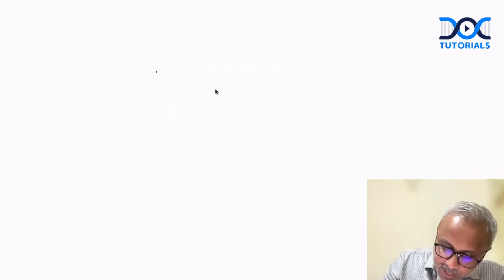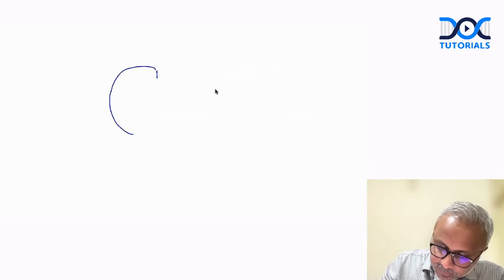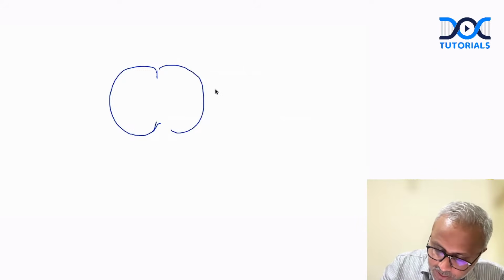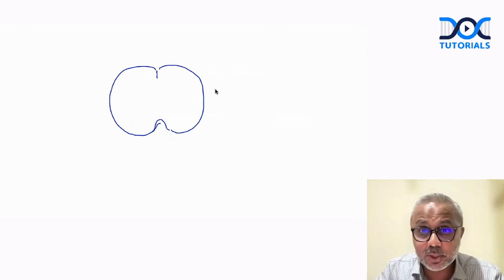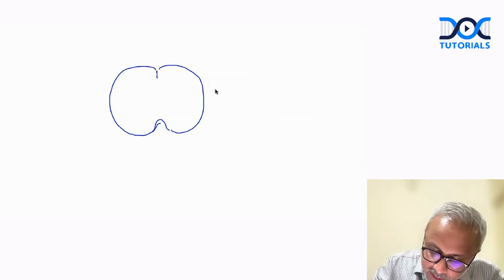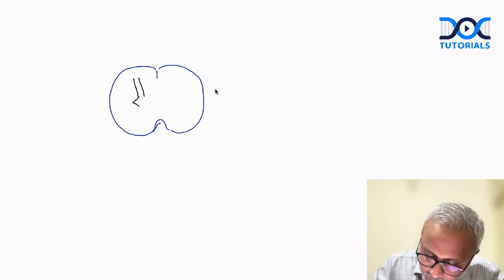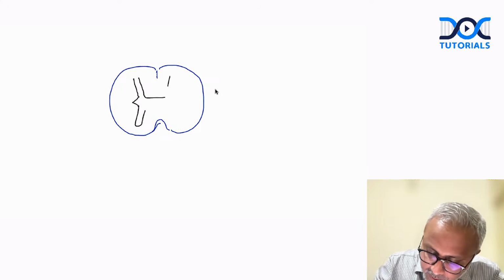Okay, so let's imagine we have the spinal cord transverse section, which will look like this. Since we are talking about the mid-thoracic level, remember the gray matter will be narrow, right? So a narrow posterior horn, there will be a lateral horn, and there will be a narrow anterior horn. There will be gray commissure.